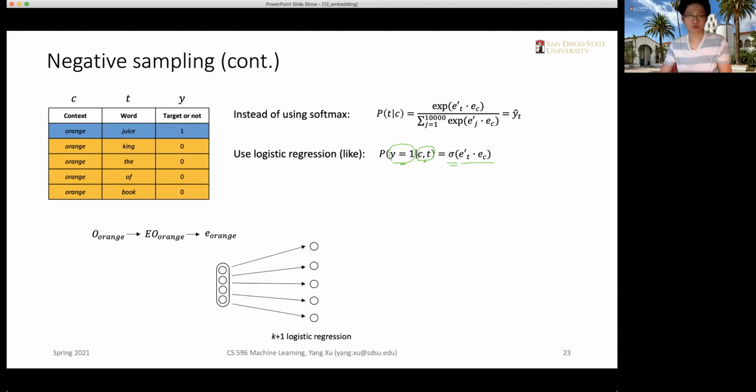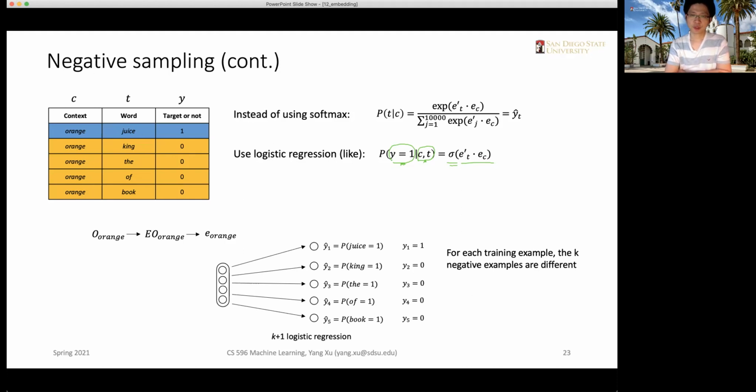And we only need to make K+1 logistic regressions, because there are only K+1 pairs of words, right? And each of these logistic regression outputs is just a binary prediction, whether one word should be 1 or 0, right?